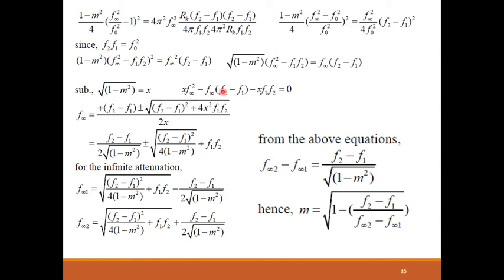So that is x square plus x plus constant; like this you can consider this expression. You can obtain the f infinite value: f infinite should be equal to plus or minus, that is, minus b plus or minus the square root of b square plus 4ac, divided by 2a.